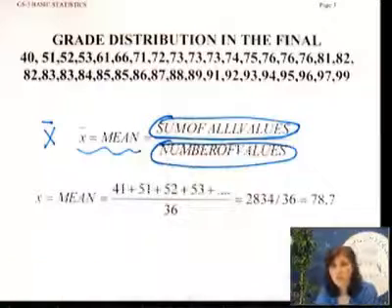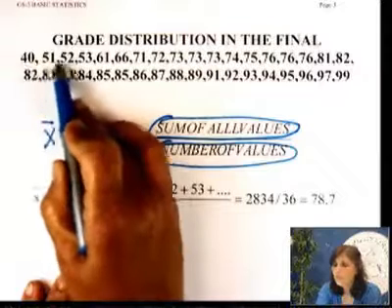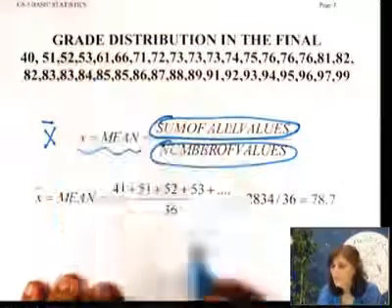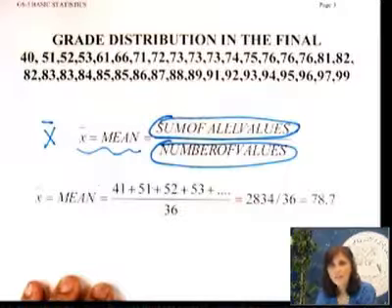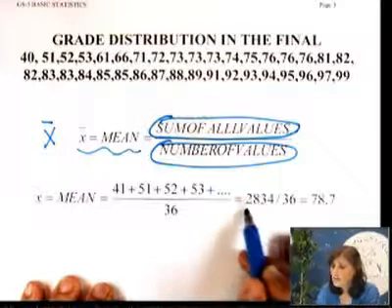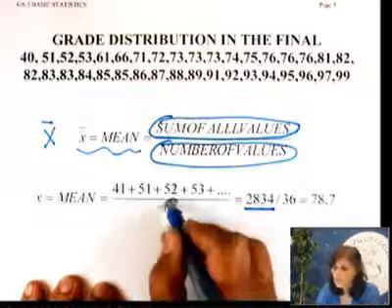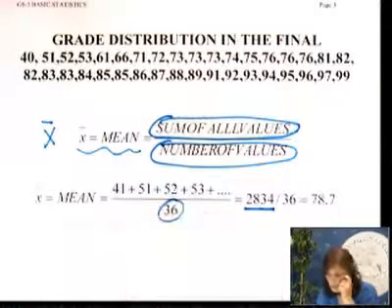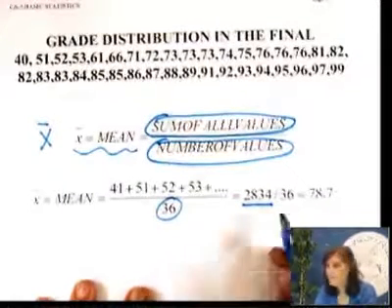So the sum is 40 plus 51 plus 52 plus 53, and you go and add those up. That adds up to a big number. You can do it yourself if you want: 2,834. And that is for 36 students. Make sure you count how many students we are talking about. So you just take that and divide by the number of students.